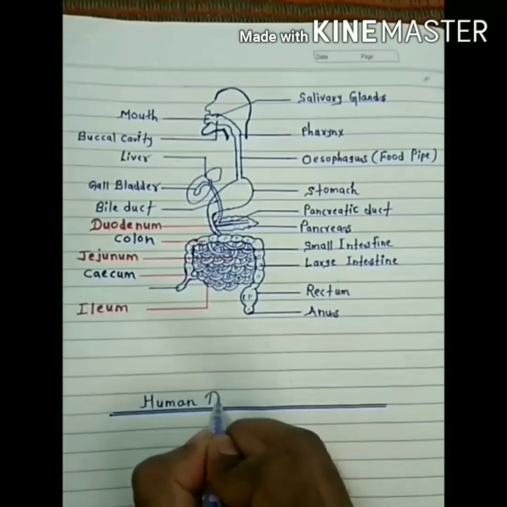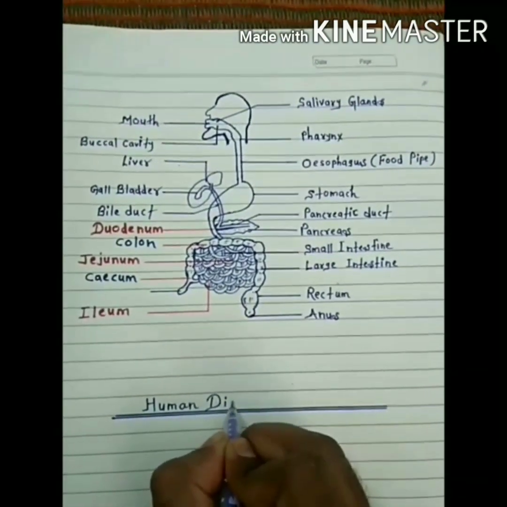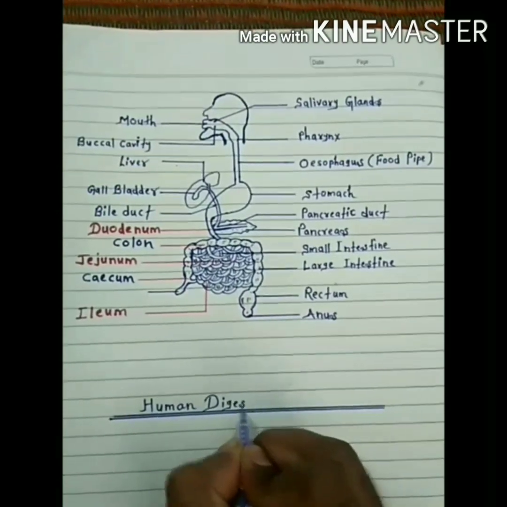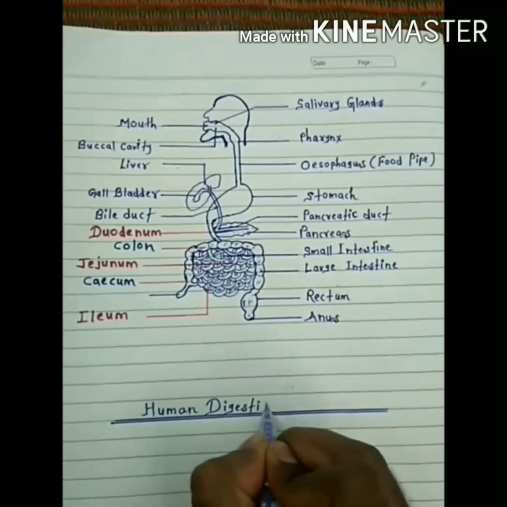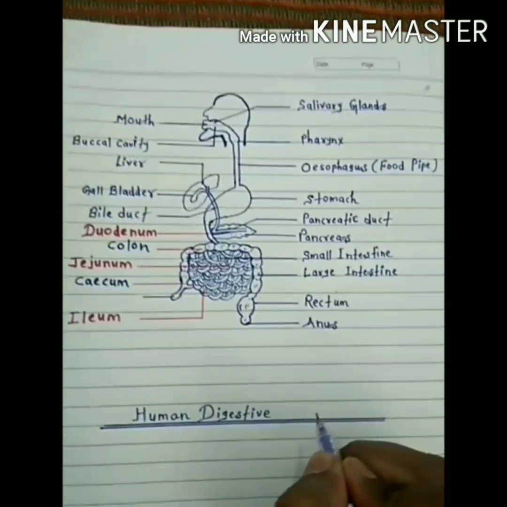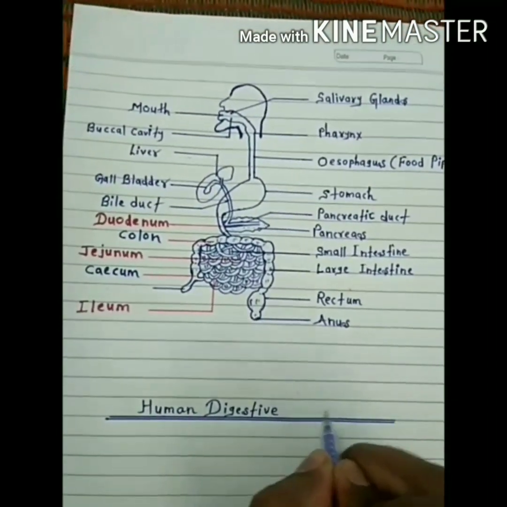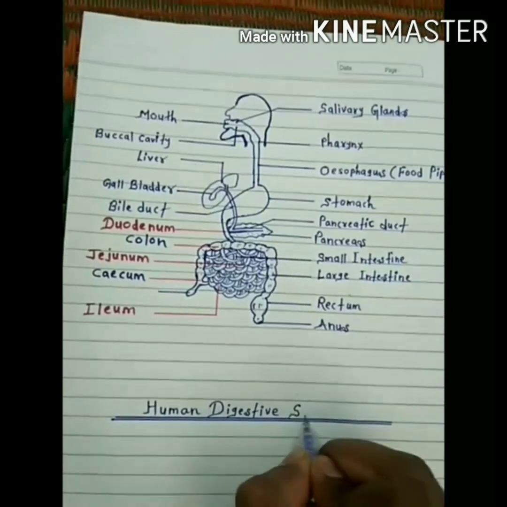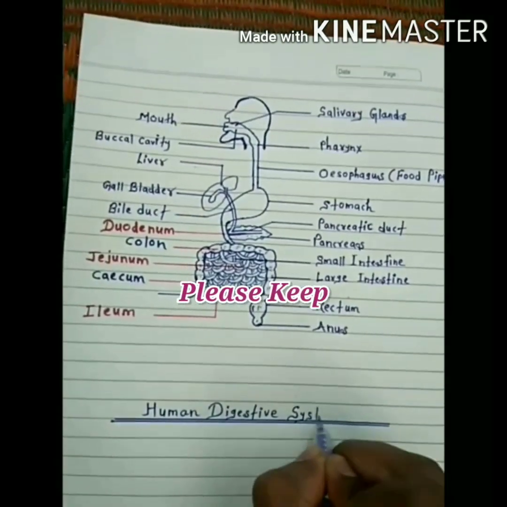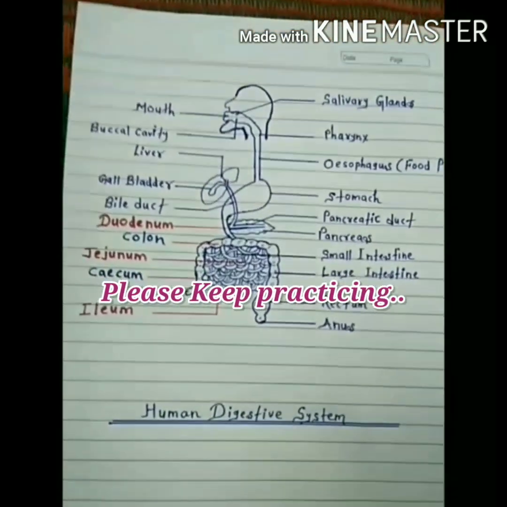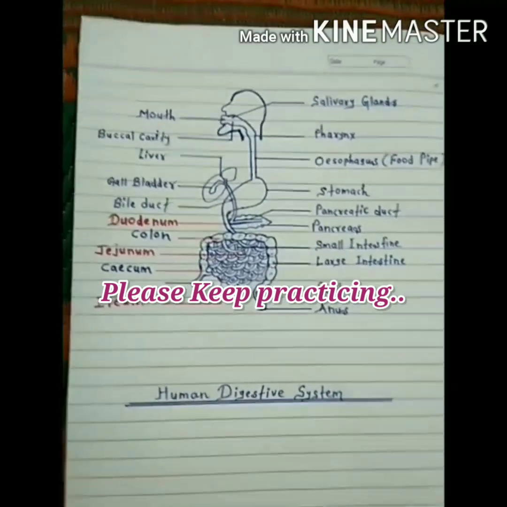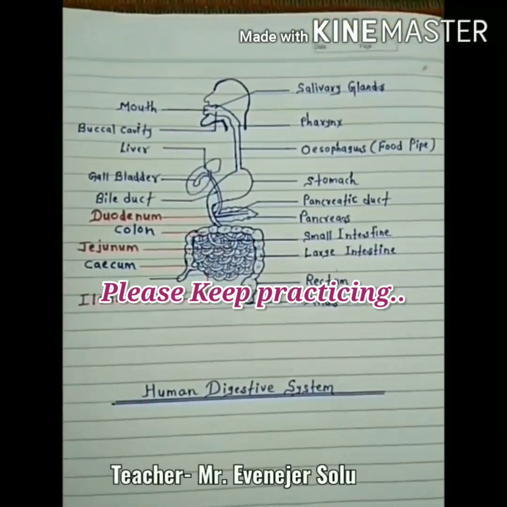Now we must write the caption of the diagram, and I am writing here. You should also write in the same manner. Human digestive system. And today we have studied the human digestive system. I hope you understood better. If you have any doubt, please let me know. God bless you all. Thank you.